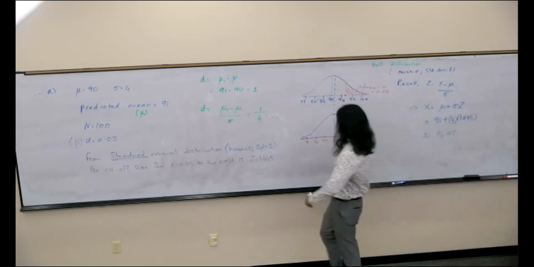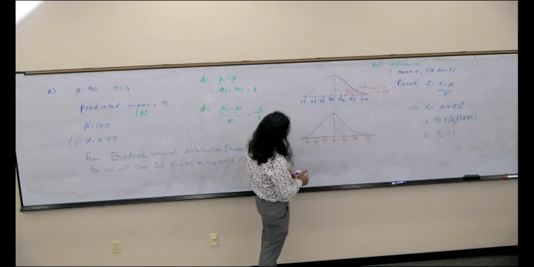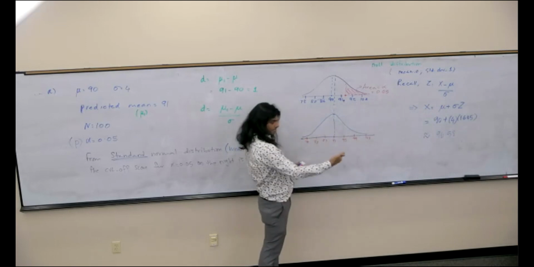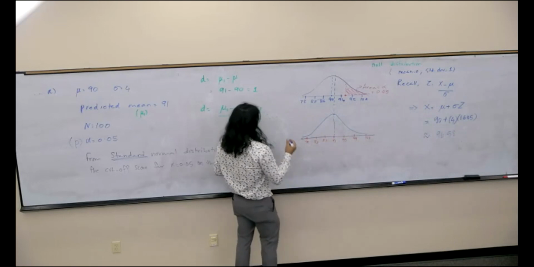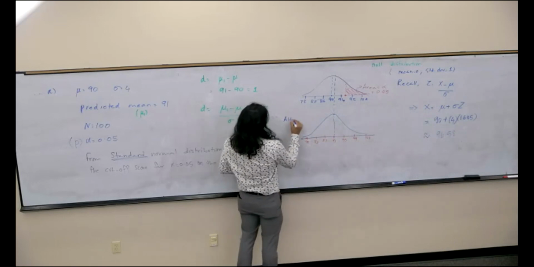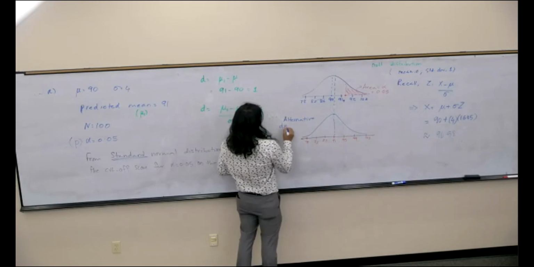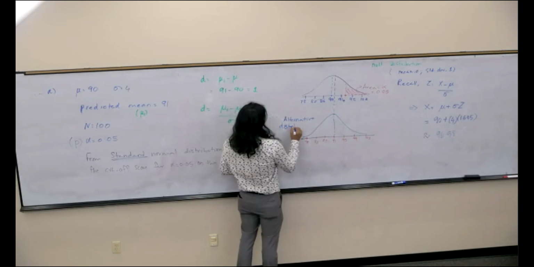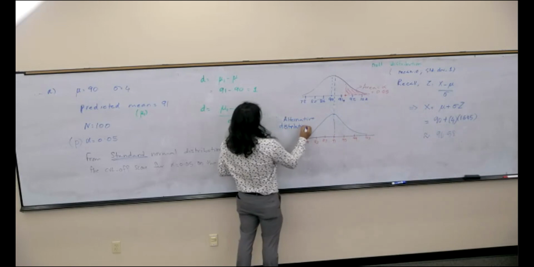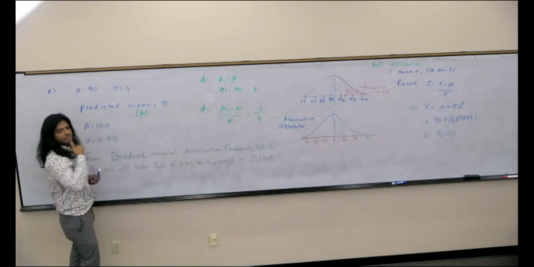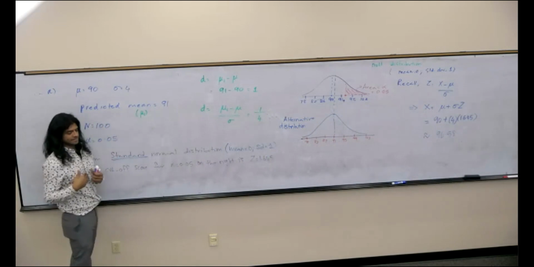Now, this distribution is the alternative distribution, because you are looking at a mean that is greater than 90.